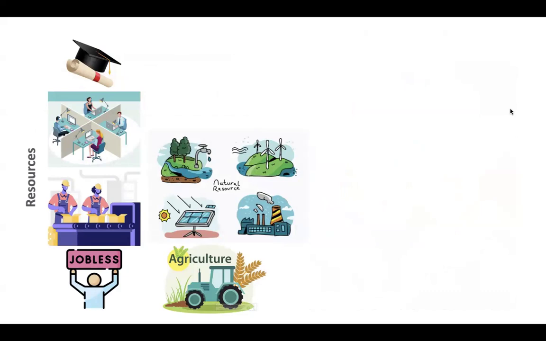So here in this slide we have the resources of a nation, just simply depicted in symbolic form. So you've got knowledge resources, personnel resources, skills resources, natural resources, agricultural resources, etc. But also you have an unused resource, and that is the jobless, those who are not employed or only partly employed.